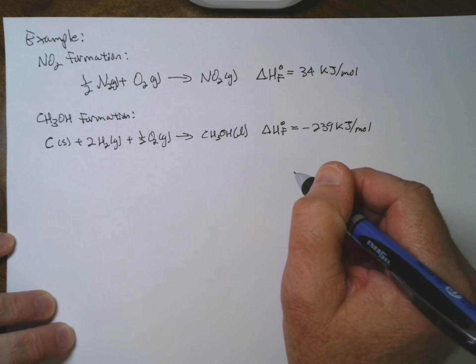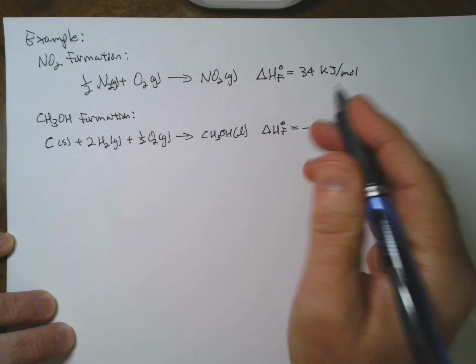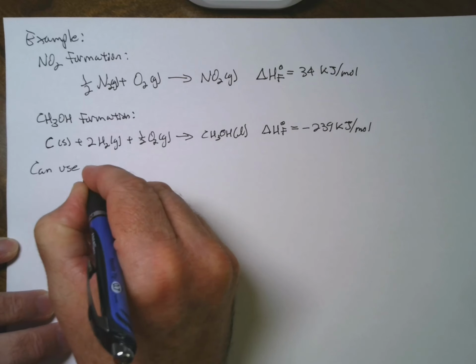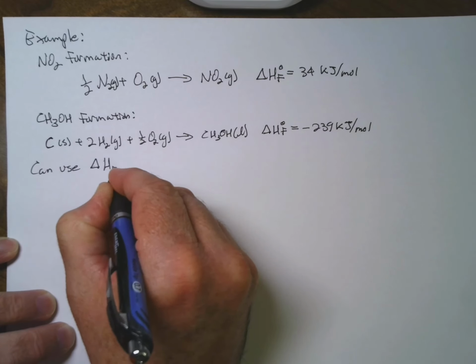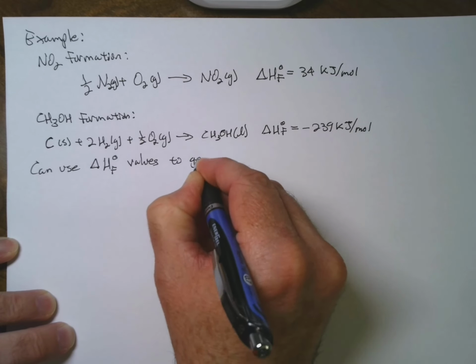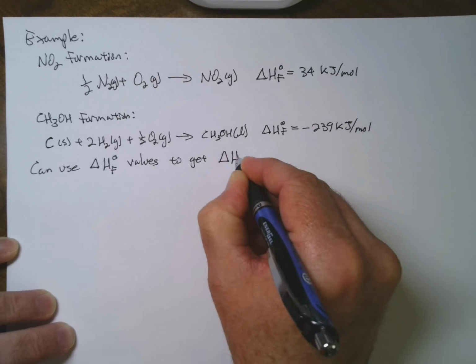And so we can use these to get delta H for a reaction. For example, we can use delta HF naught values to get delta H reaction.